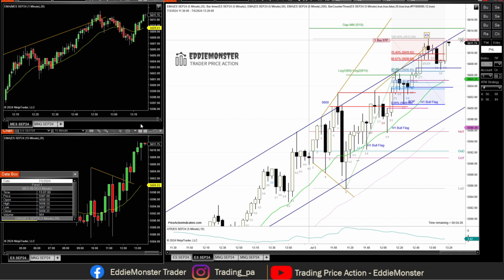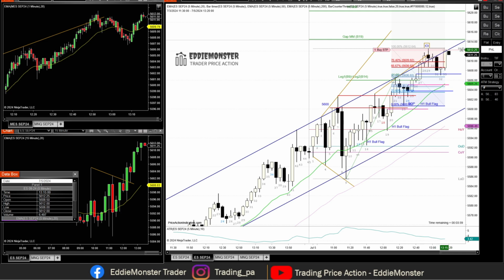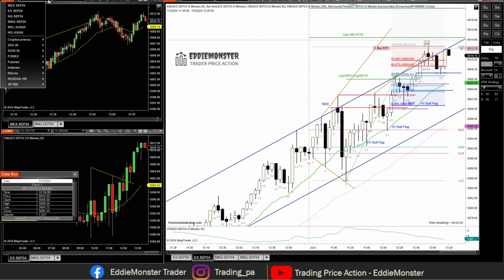Yeah, it's a bull bar here. This is dangerous, this bar 33. The good thing is, it's an inflection point again. And this is a mess. That's why it's not showing what it should be.